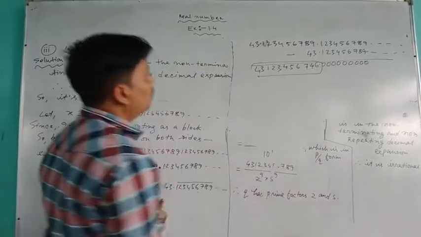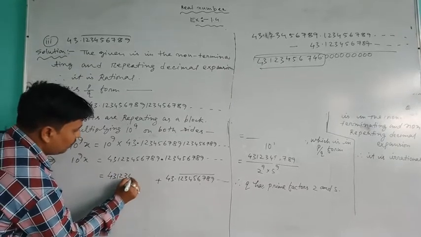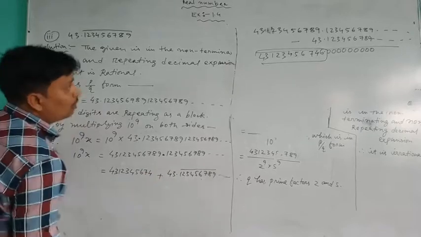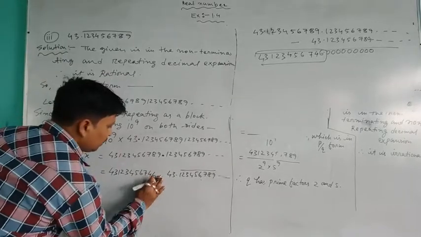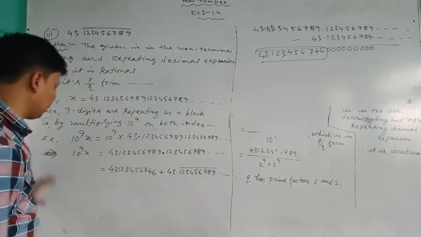So your number is 43123456746. This is the other number which you need to add to this to get that.